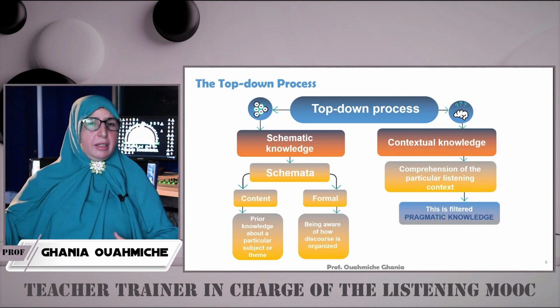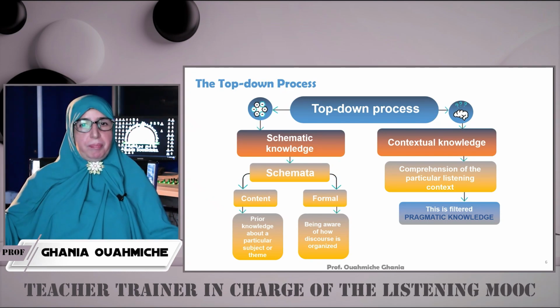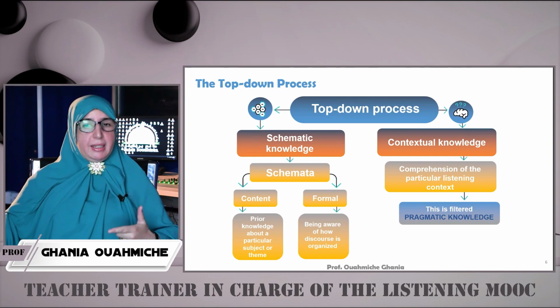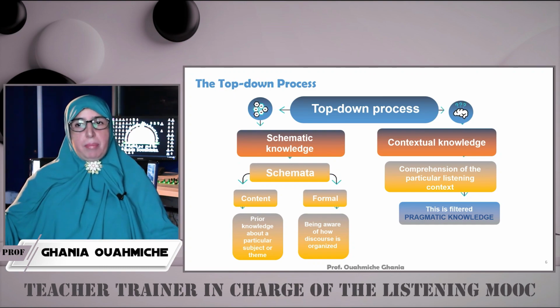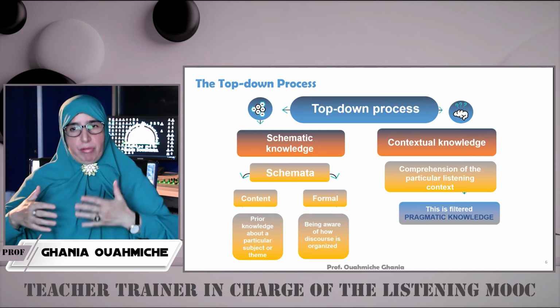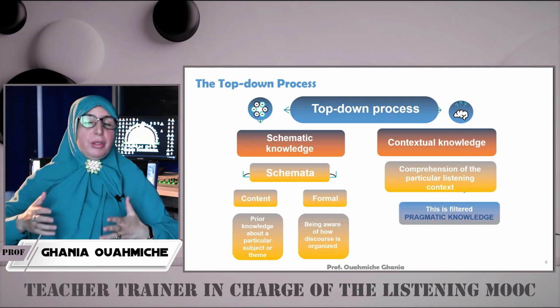Content is relevant to prior knowledge about a particular topic or theme. The formal part is being aware of how discourse is organized. As far as contextual knowledge is concerned, it is about comprehension of a particular listening context, which will be filtered by what we call pragmatic knowledge.